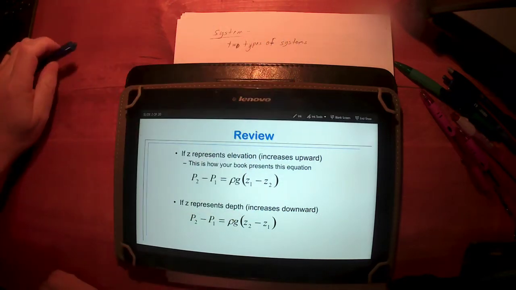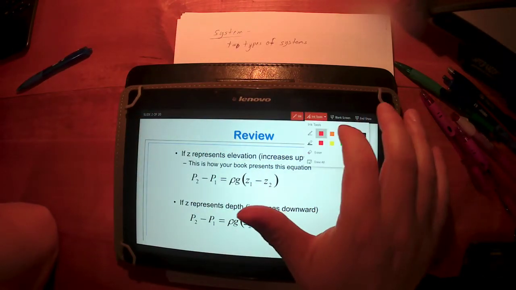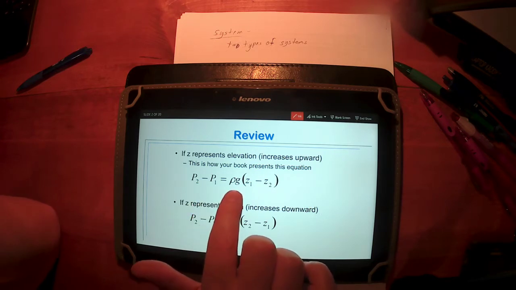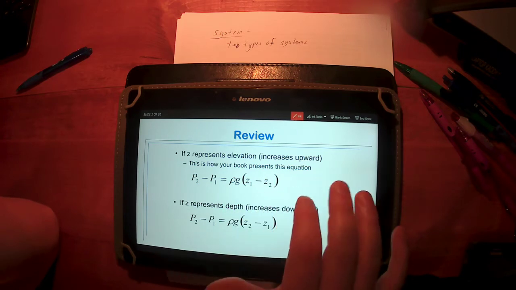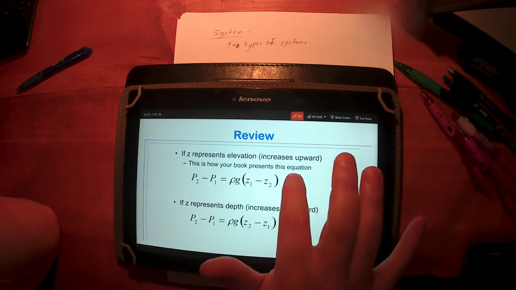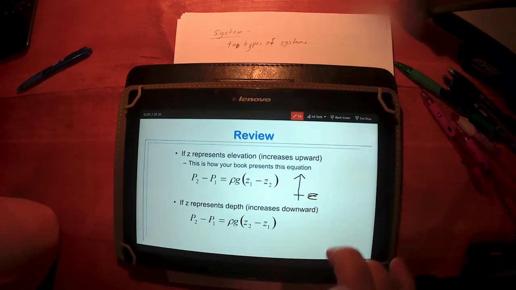We did introduce this concept that in a column of fluid, we have this expression that the change in pressure is equal to the density of the fluid times gravity times Z1 minus Z2, if we assume that Z is referring to elevation. That's Z increasing in the up direction.